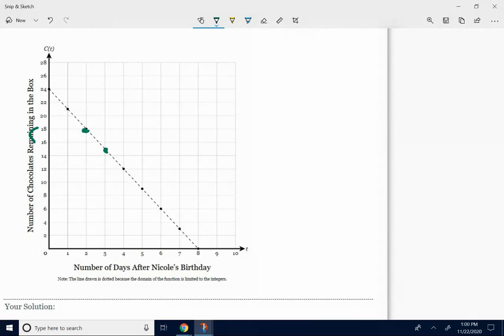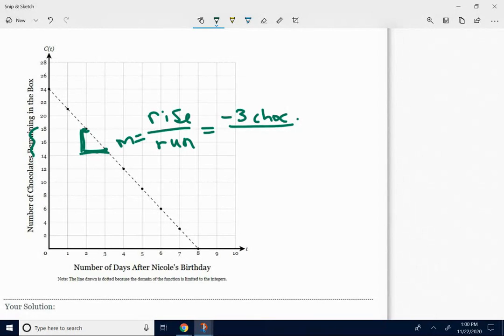If you look at the y values carefully, you're going from 18 to 15. You're going down 3. So to find the slope of a graph, you're going to find the rise over the run. The rise would be down 3 chocolates. The run would be over 1 day. I'm just sticking labels with things. So the slope for my graph is -3 chocolates per day.